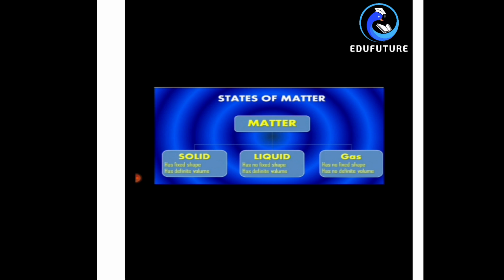If you transfer that glass of water into another vessel, another flask, another container, the water, when transferred, takes the shape of the other container. So that means liquid has no fixed shape. It has definite volume. Yes, it has definite volume. In spite of being transferred, the volume is still the same. So that means liquid has no fixed shape but has definite volume.